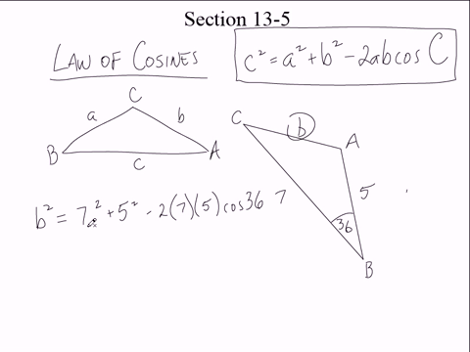If you have just a regular scientific calculator, I would just do this: 7 squared plus 5 squared minus, watch, parentheses here, parentheses here. That's the key to this problem. You put your parentheses in, and you get 78 degrees.